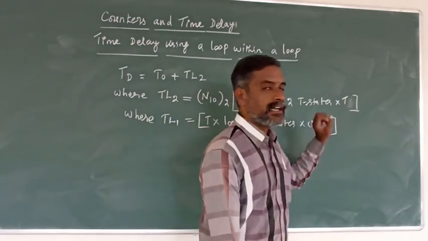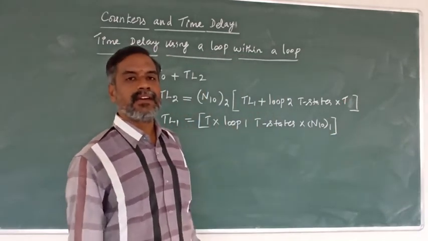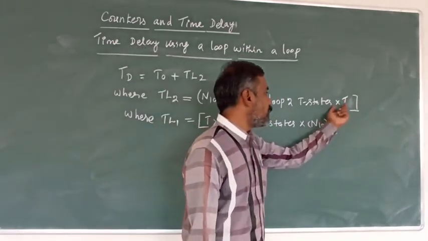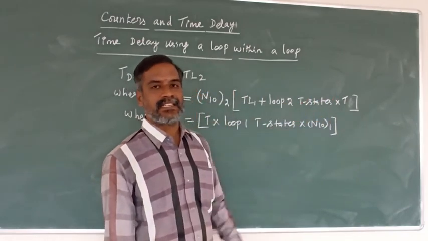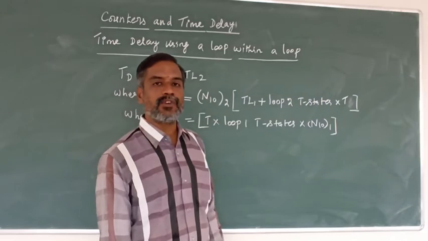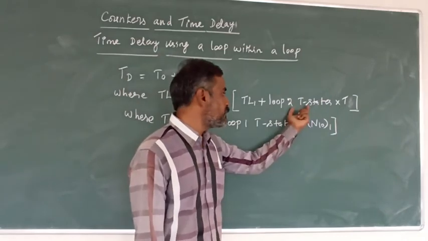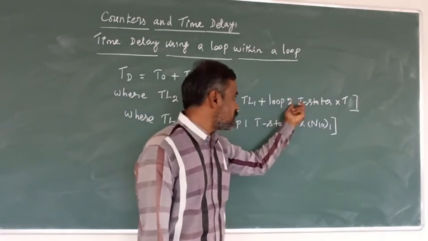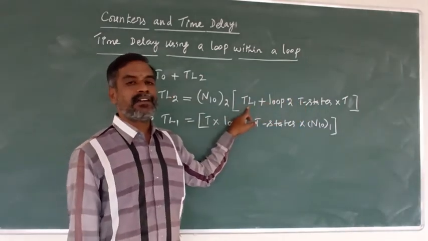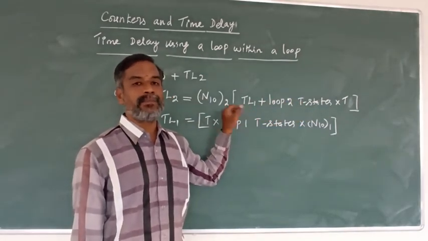Here T is the time period of the microprocessor. Multiply with the loop 2 T states, that is, how many T states are required to execute loop 2. Then multiply these two, and add the result to the loop 1 time delay.